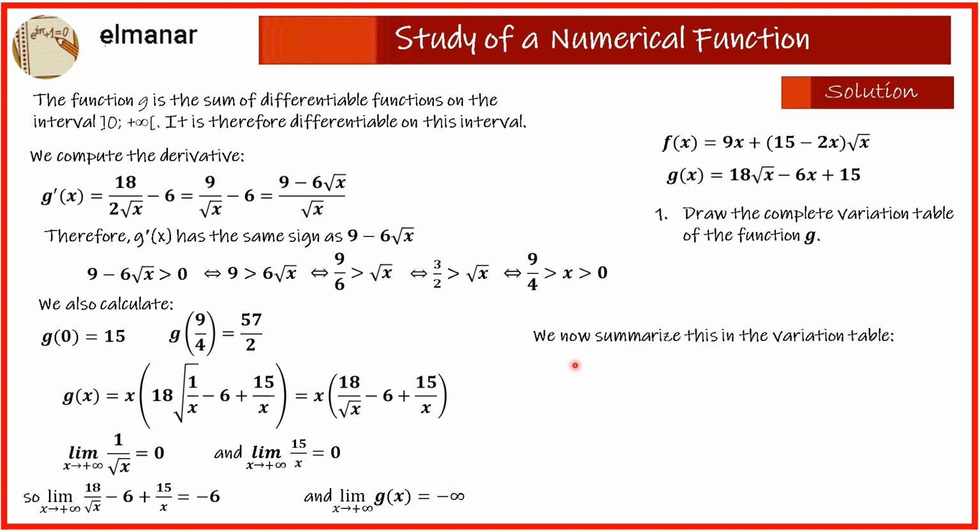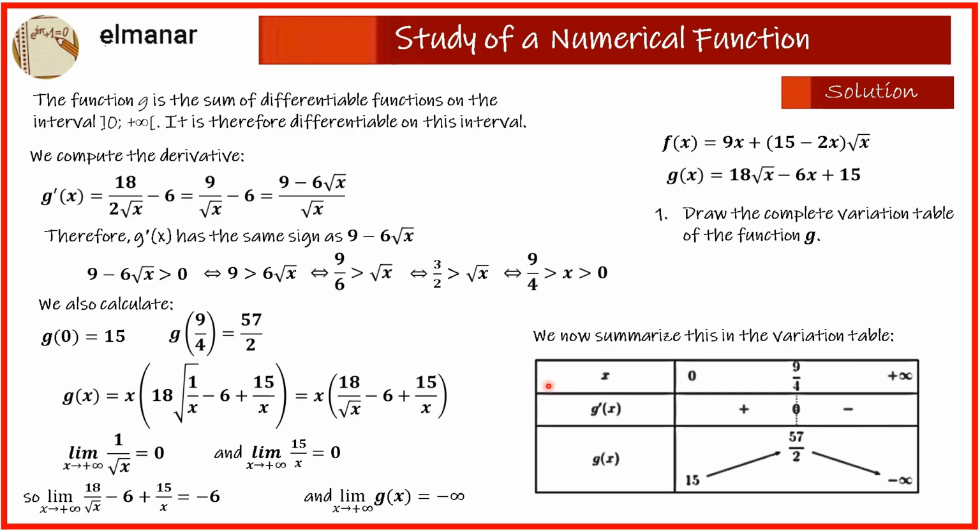Variation table. Based on all the preceding steps, we can construct the variation table. As x approaches 0, the value of g is equal to 15. At the point where x equals 9/4, the derivative is equal to 0, and g reaches a local maximum equal to 57 divided by 2.